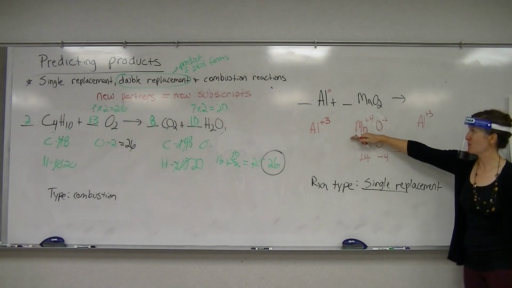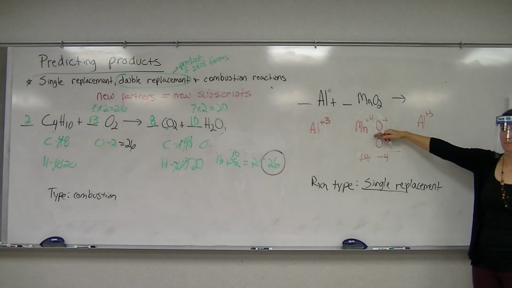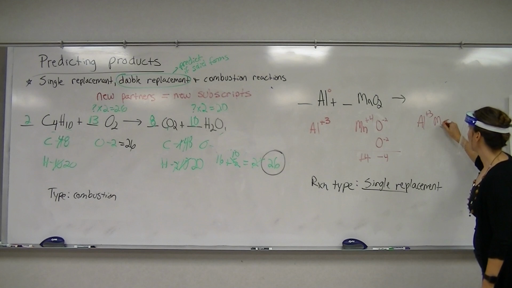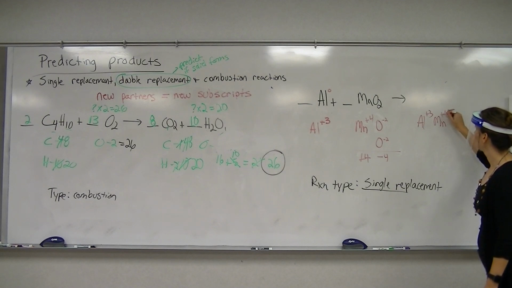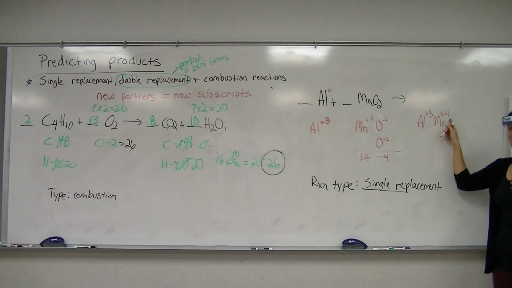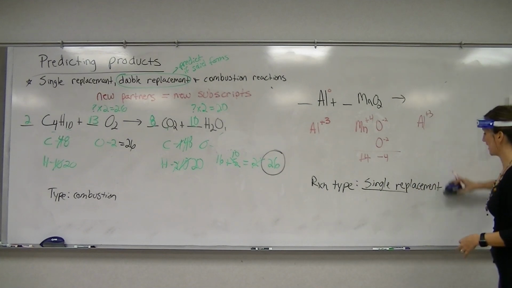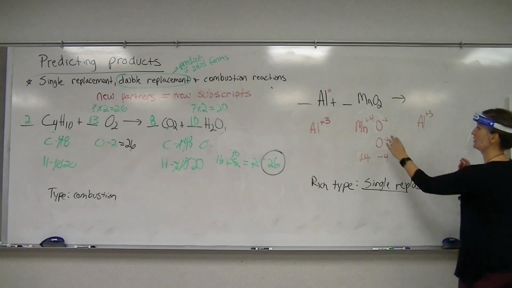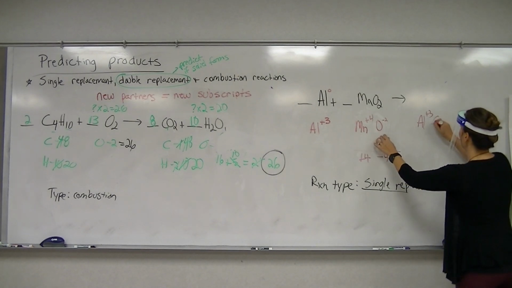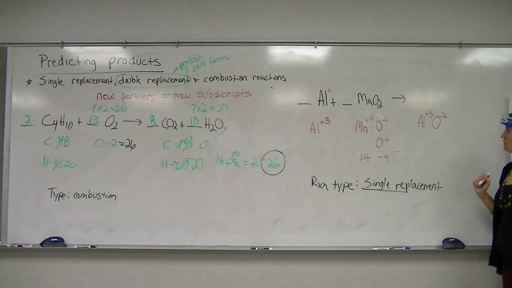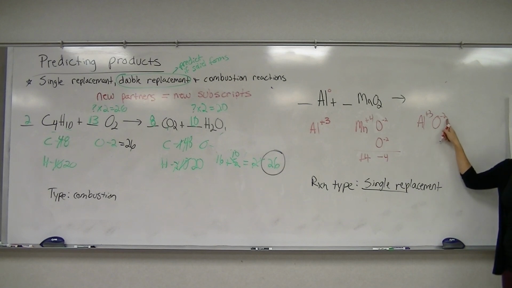Is it going to be partnered with manganese or with oxygen? If we partner it with manganese, we have 2 positives together. Yeah, that's not going to happen, right? The likes repel. They don't want to be together. It's opposites that attract. So aluminum's going to be with oxygen, because now we have a positive with a negative.